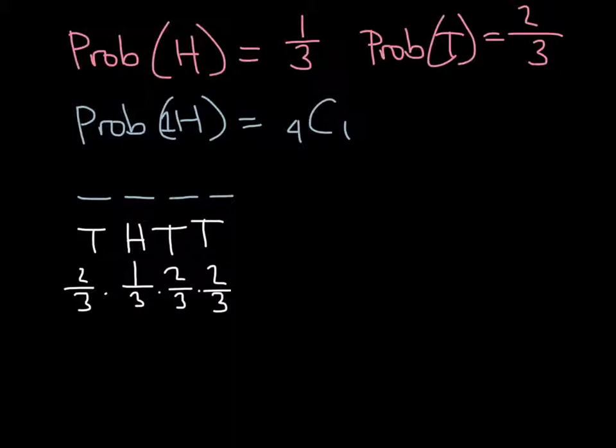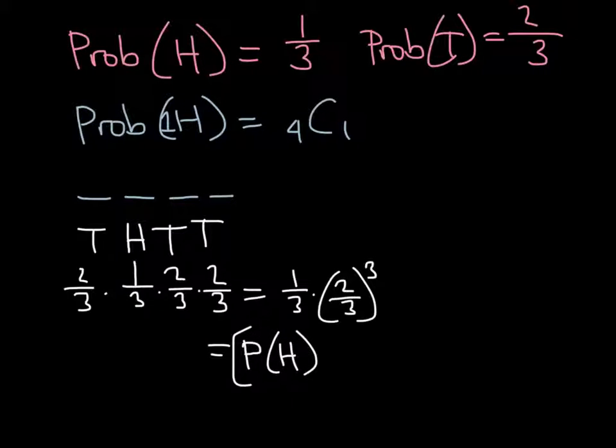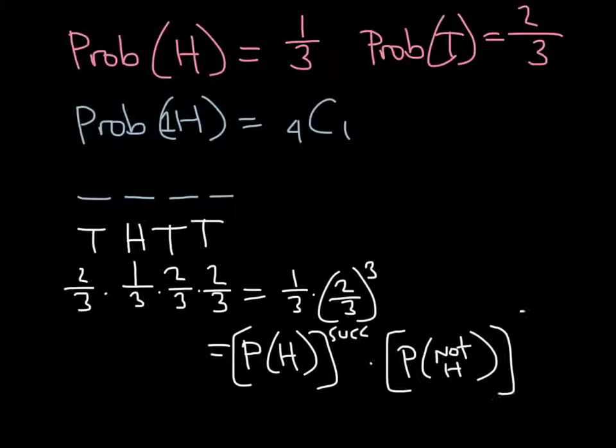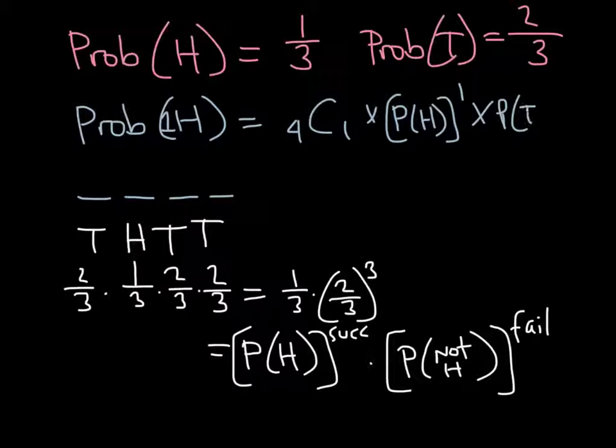Okay, so what we have here is 1/3 times 2/3 to the power of 3, or the probability that I get heads to the power of the number of successes that I wanted, times the probability that I get tails, or not head, to the power of the number of failures. So that's what I'm going to put in here. Probability of head to the power of 1 times probability of tails to the power of 3.